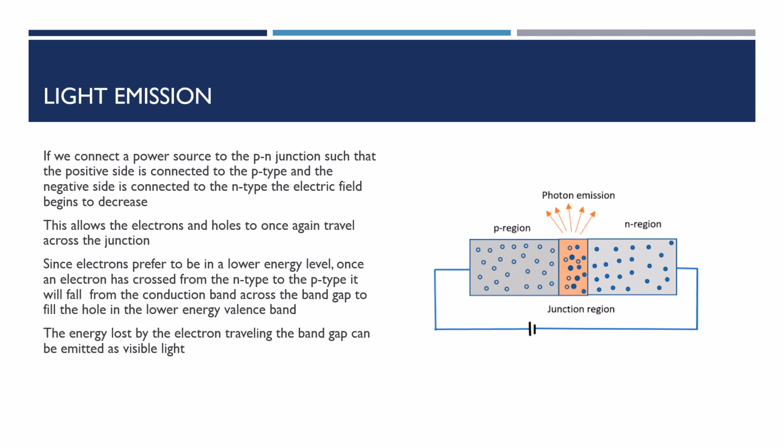Now once this electron has passed over to the P-type, it wants to travel from the conduction band to the valence band so that it can exist at the lowest energy level possible. Once the electron bridges the band gap, the energy loss from the electron can be emitted as a photon and seen as visible light.